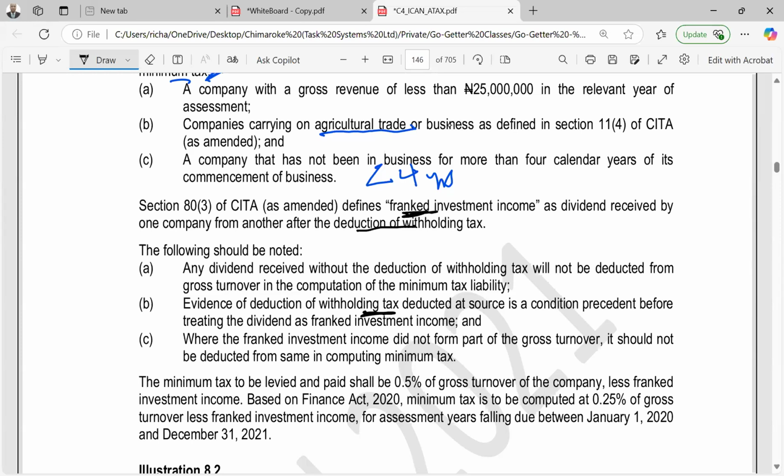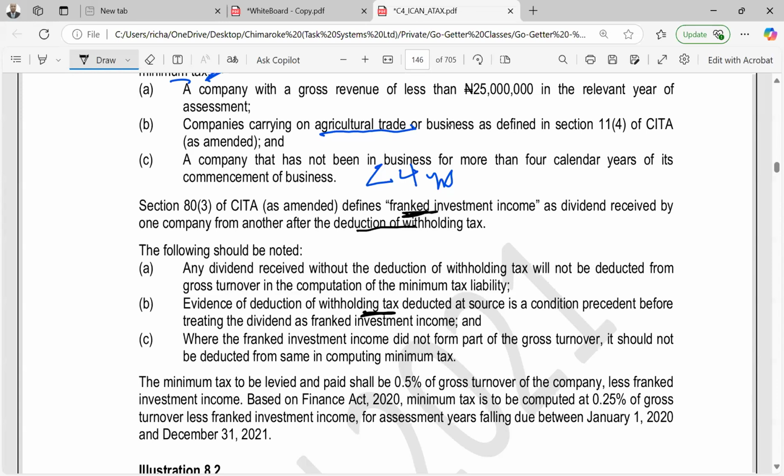So it means that if I'm calculating all my income from all sources, normally I am supposed to add my frank investment income to show all the income I have made for that year. Later, I'm supposed to deduct it to show my gross income.